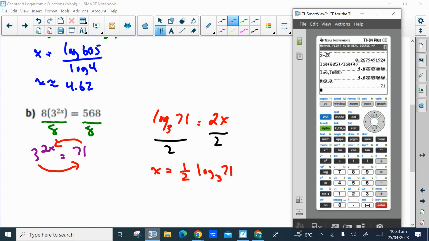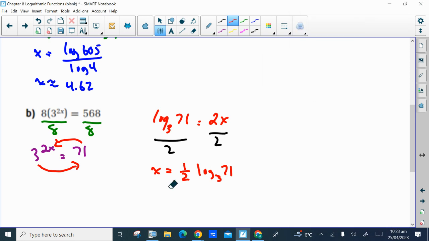So if we go to our calculator, 1/2 or 0.5 times log base 3 of 71. What we have written down on our page right now is the exact value. We can use our calculator to get it as a decimal, which we have to round. We're told to 2 decimal places, approximately 1.94.